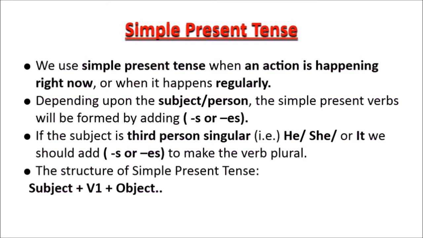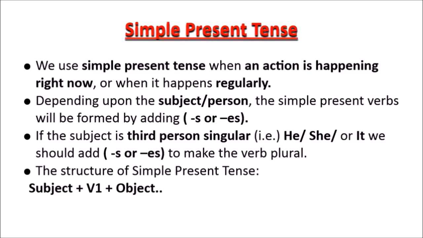Okay class, now we are going to discuss simple present tense in detail. Are you all ready? Yes. So now look at the sentence given there. We use simple present tense when an action is happening right now or when it happens regularly. So when will we use simple present tense?